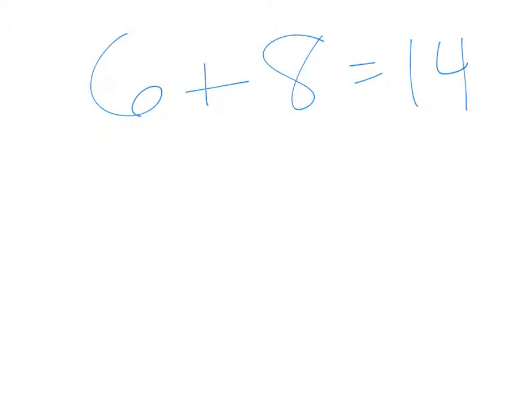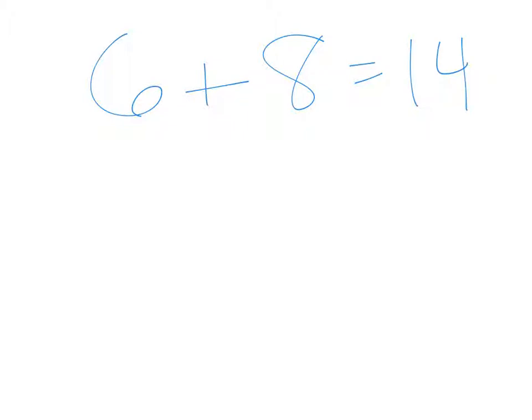So if I add two positive integers together, my answer is a positive number. Two positives equal a positive. In terms of money, if I have $6 in one pocket and $8 in the other pocket, then together I have a total of $14. And that makes sense.